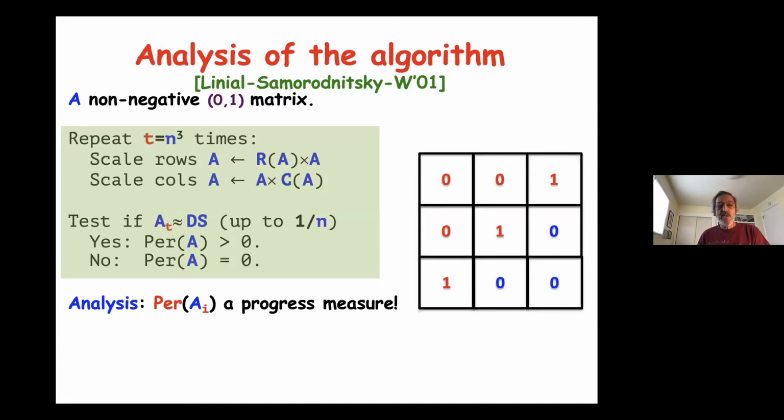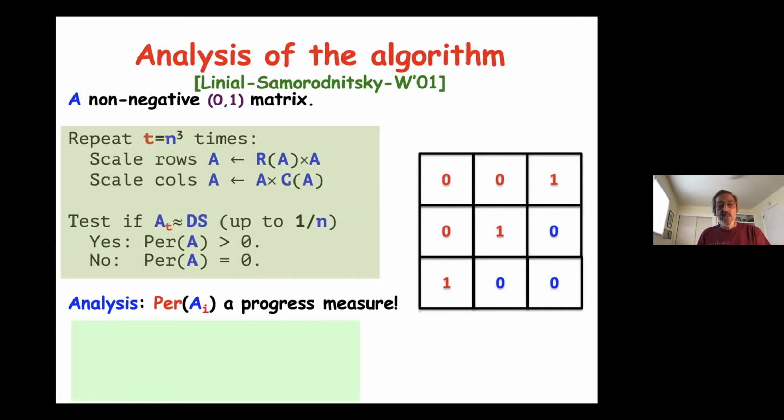So it's a dynamical system, as I said. You are just creating more and more matrices in this evolution. And the natural way to analyze dynamical systems is by picking the appropriate progress measure. And the one we picked in that old work was the permanent itself. We want to see how the permanent of this sequence of matrices evolves.